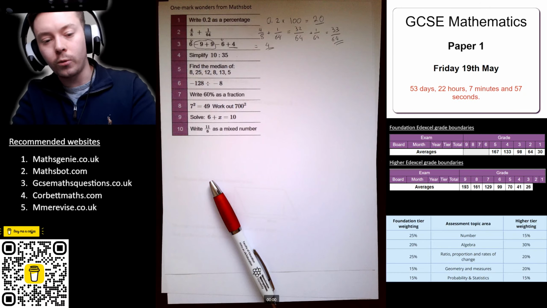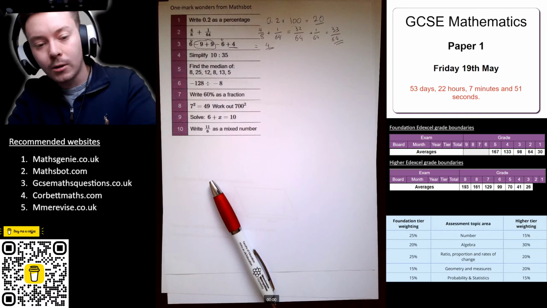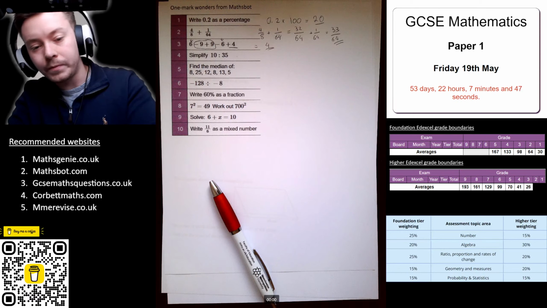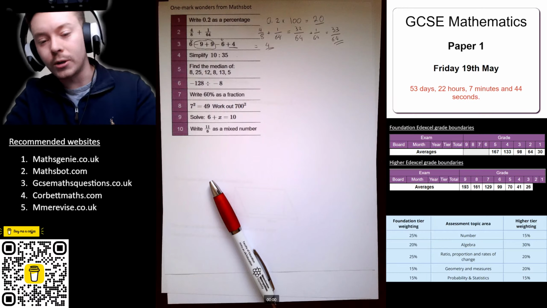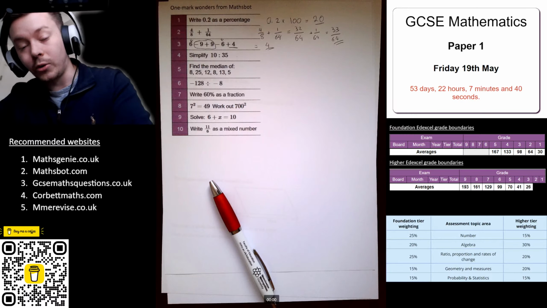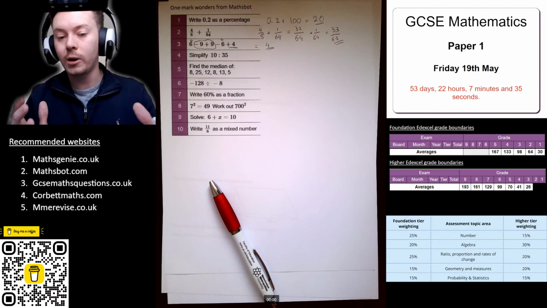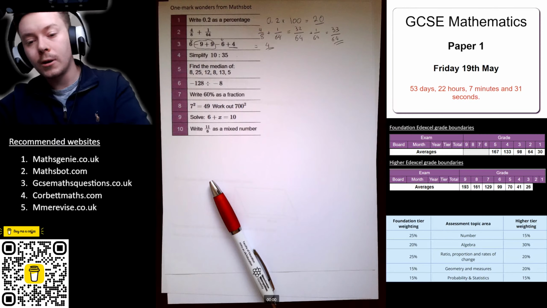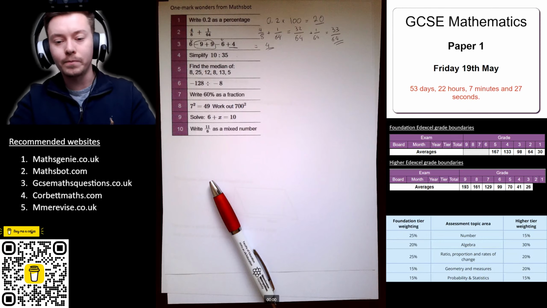So then we cross them off, one at either end. 1, 2, and you say that in your head, obviously. Now I've got 2 numbers in the middle, so I need to go halfway between those 2 numbers. If you're not sure where halfway is, you add the 2 numbers together, 8 add 12, and then half it. Basically, you work out the mean of those 2 numbers. 8 add 12 is 20, and then you half it, and you get 10. So that's then our median.